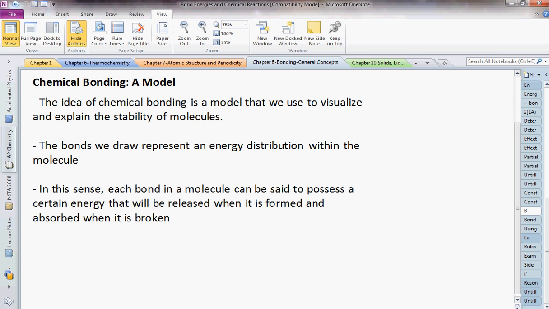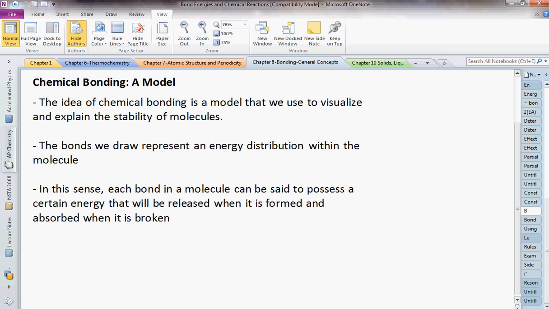Because we use these bonds as a way to denote how the energy is distributed in a molecule, we can actually use these bonds in a chemical reaction. We look at the bonds that are broken, we look at the bonds that are formed, and we can get a change of enthalpy for the whole reaction.